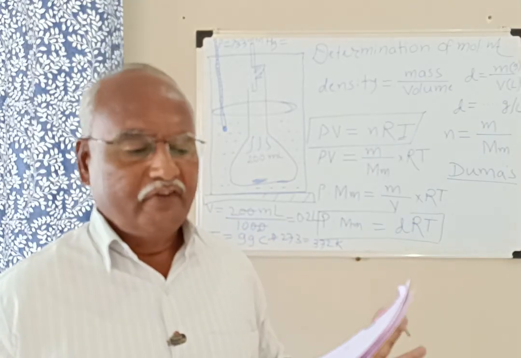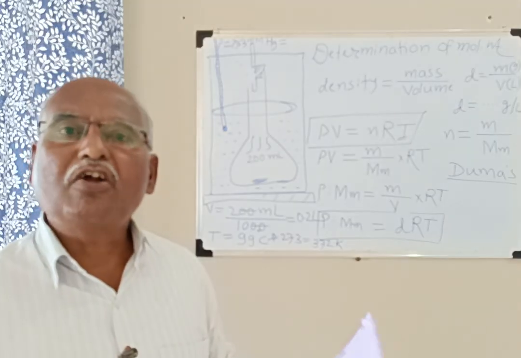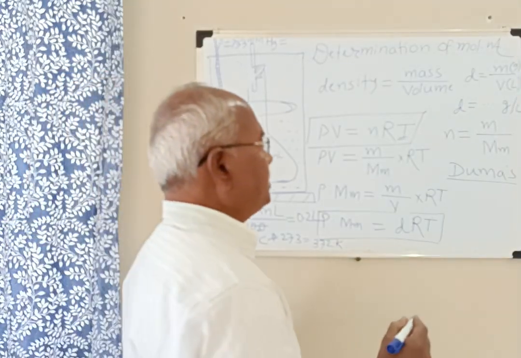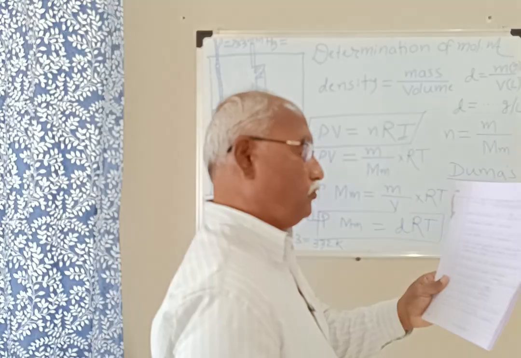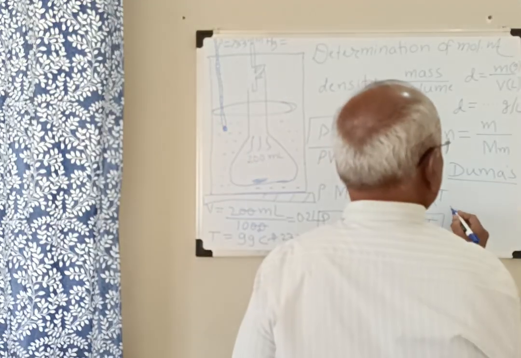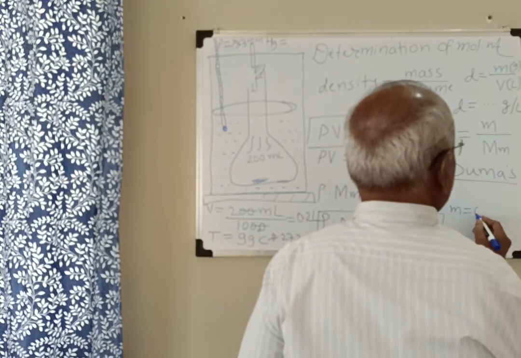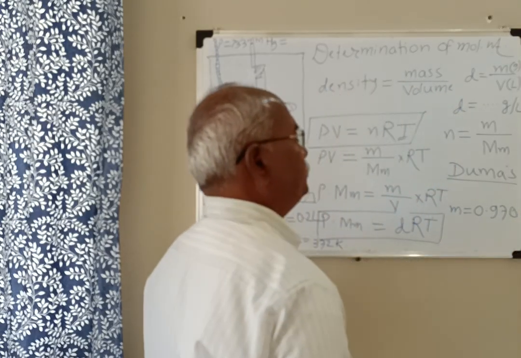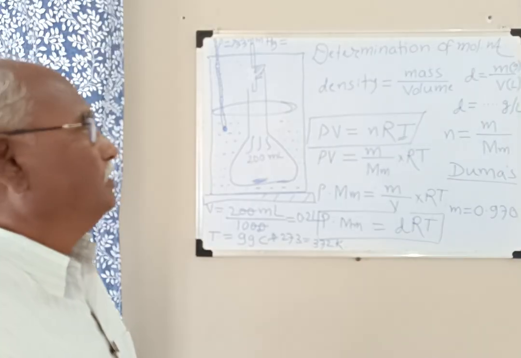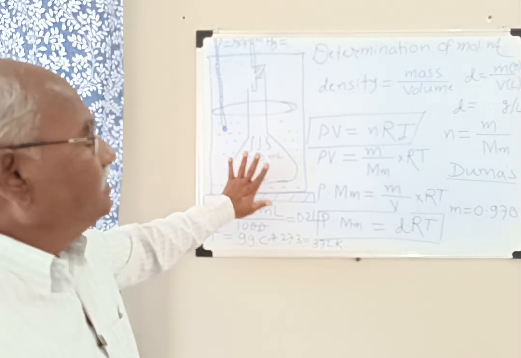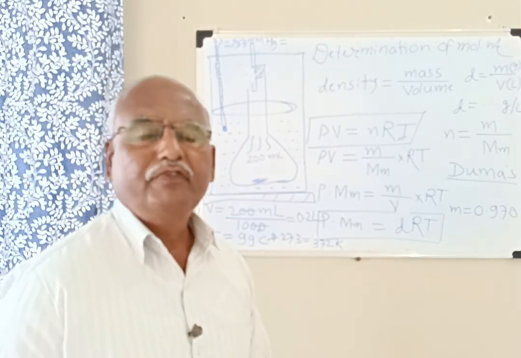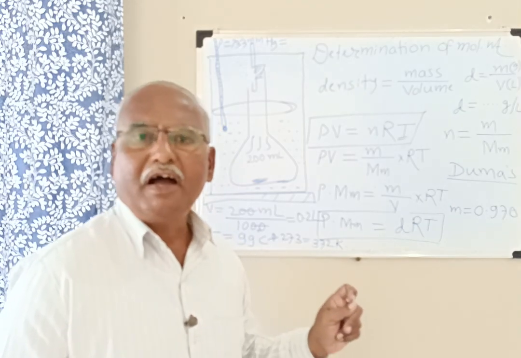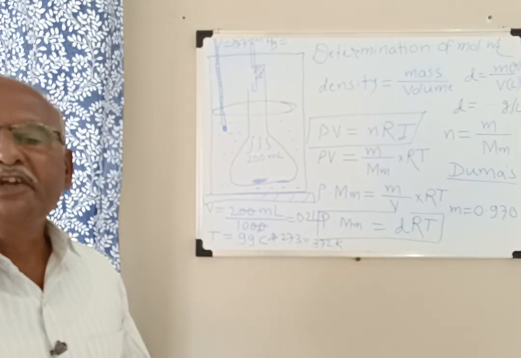From their difference, the mass of the liquid is determined, and that is equal to 0.970. So these are the data given and some are obtained from the experiment.